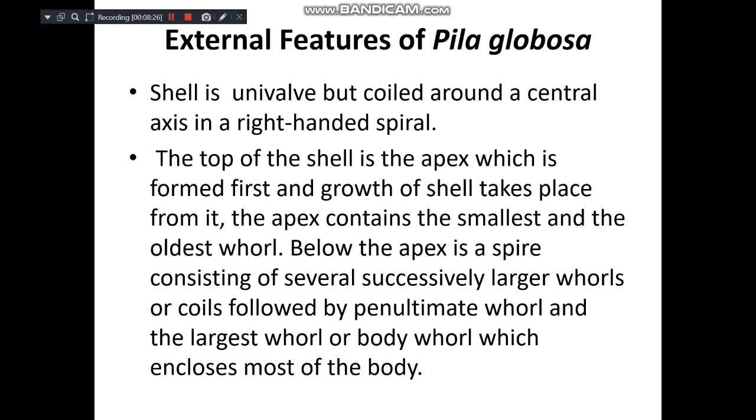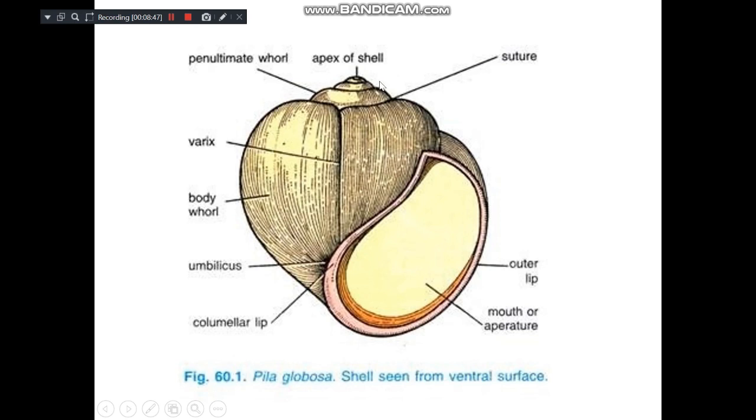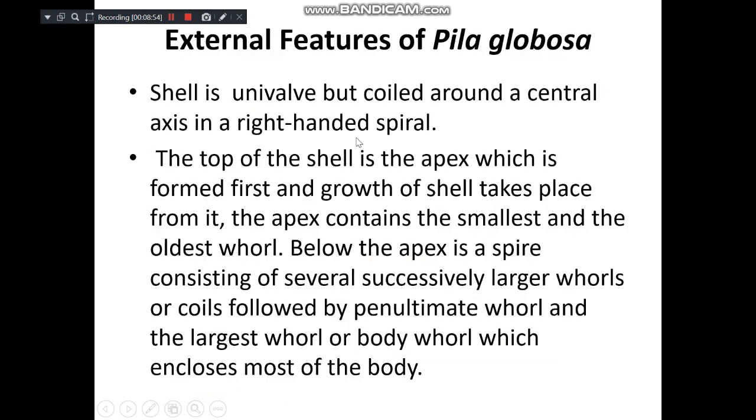So, the apex contains the smallest and the oldest whorl. We can say that the apex is the smallest or the oldest whorl. Below the apex is a spire consisting of several successively larger whorls or coils. See here, this is the first whorl. Below that there will be a number of whorls which are coiled but considerably larger than the apex.